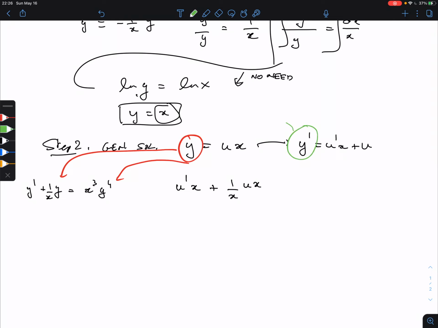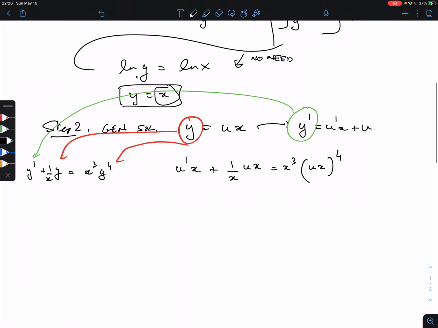Okay, keep going. That is x cubed, and then we have ux to the power 4. The x is cancelled here, and what we have here is u to the 4th, x to the 7th.